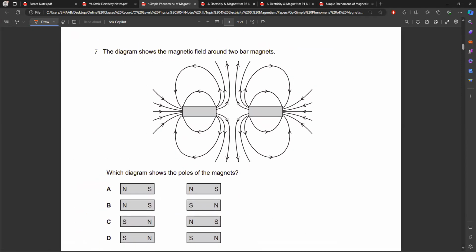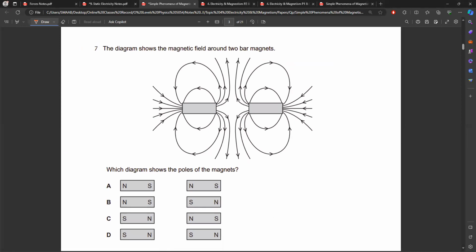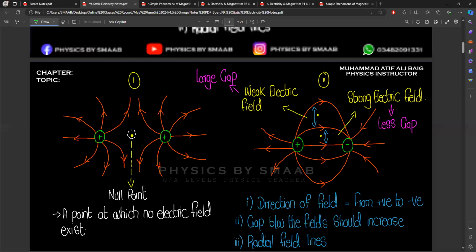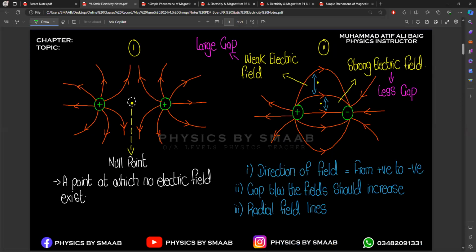Mostly all of you studied the electric field, right? We will discuss the magnetic field also. Last time we discussed the concept of field lines when like charges and unlike charges are placed close to each other.